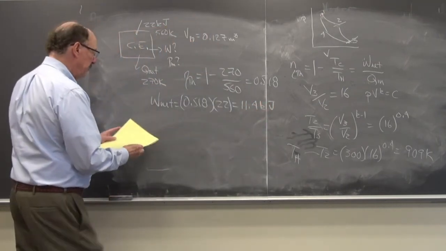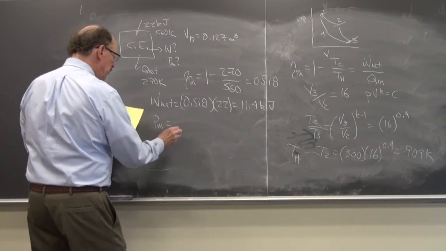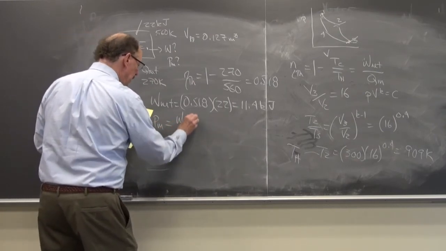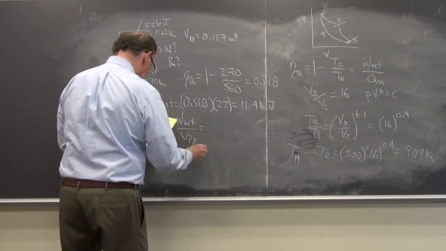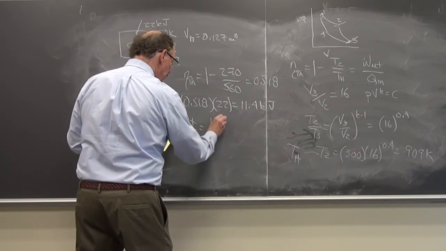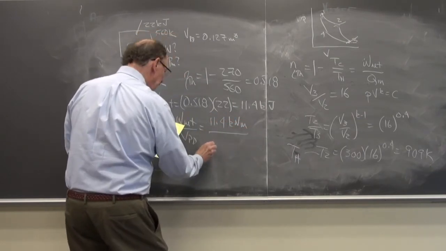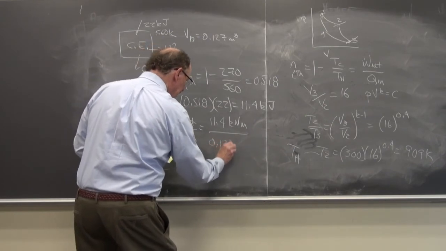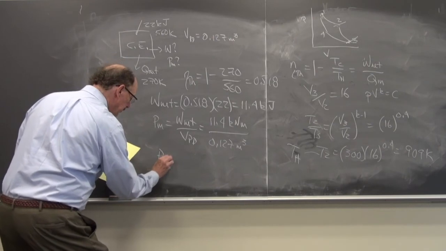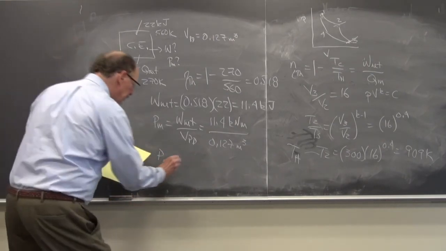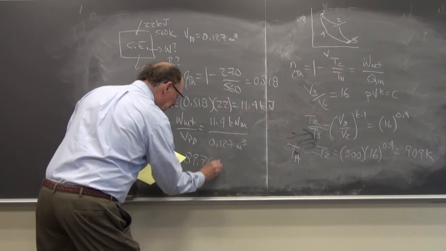And the mean effective pressure is equal to W net over the piston displacement, which is 11.4 kilonewton meters over 0.127 cubic meters. So the mean effective pressure is equal to 89.76 kPa.